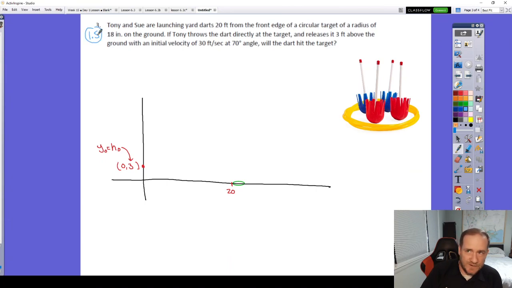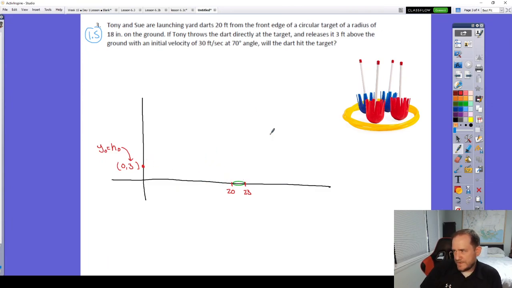But that's also a radius. So that means from the center out. So the total length of this thing is 3 feet, which means a successful lawn dart toss by Tony has to land 20 feet away or 23 feet away or somewhere in between. Okay, so we want this thing to land somewhere in between.